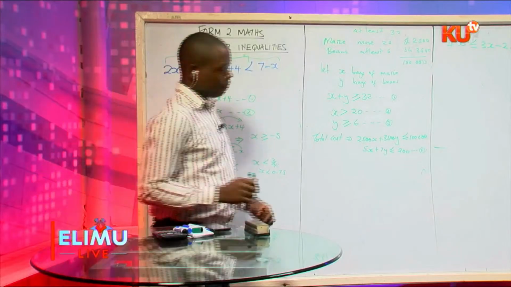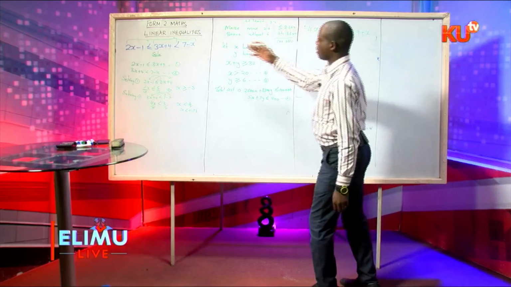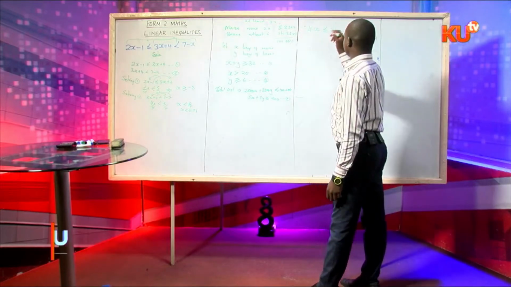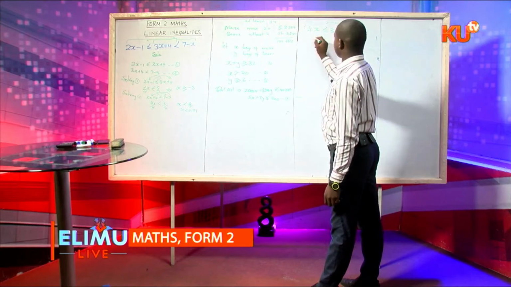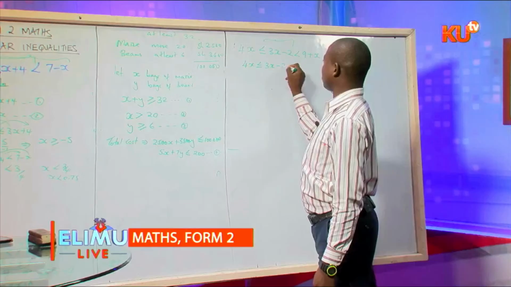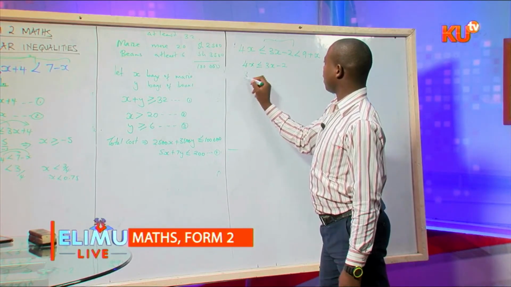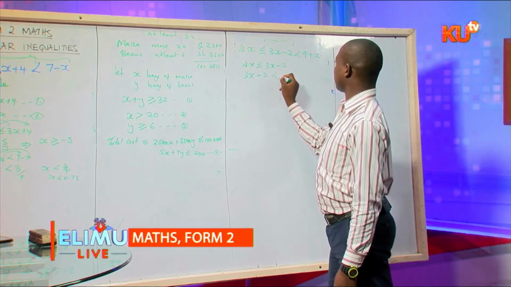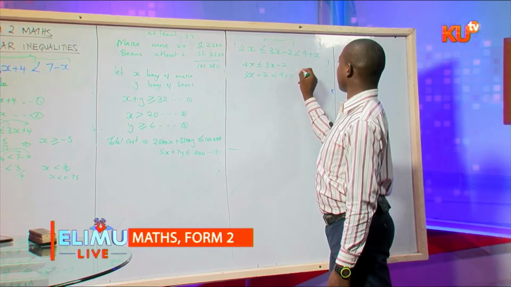So let's solve together. Just as we dealt with the 2019 case, we extract 2 inequalities here. So we have 4x less than or equal to 3x minus 2, and 3x minus 2 less than 9 plus x.